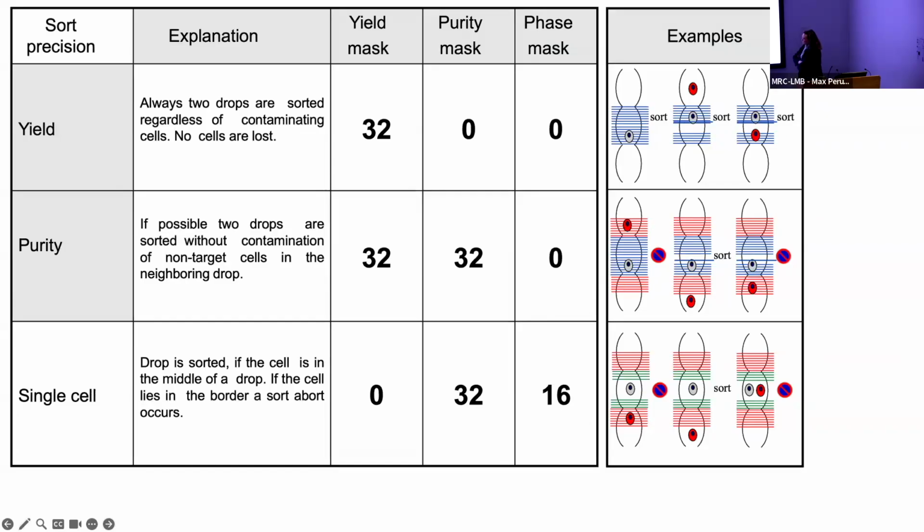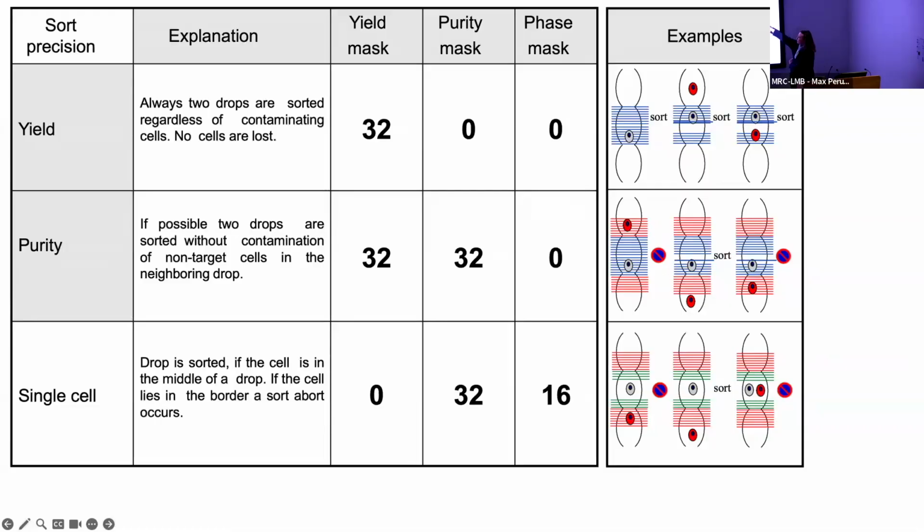The single cell mode is the most stringent because it also requires the cell to be in the center of the drop. In the purity mode, it can fall anywhere on the side as long as it falls within that blue area of the droplet.